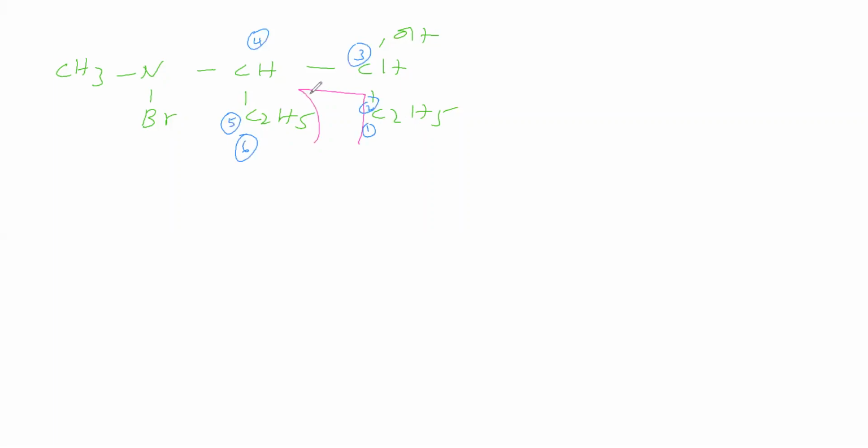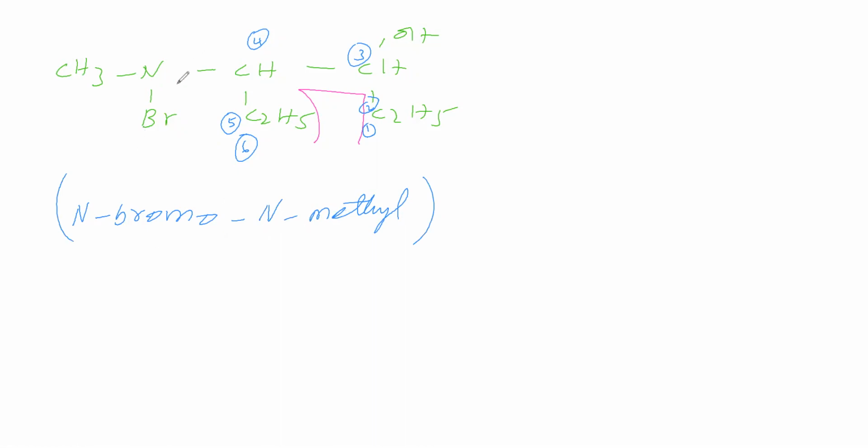Now we will first see the substituent name. In this substituent, the bromine name is bromo. This bromo is attached to this N, therefore it is called N-bromo. Next, this CH3 is called the methyl group. This methyl group is attached to N, therefore we call it N-methyl. Now this substituent name is N-bromo N-methyl.